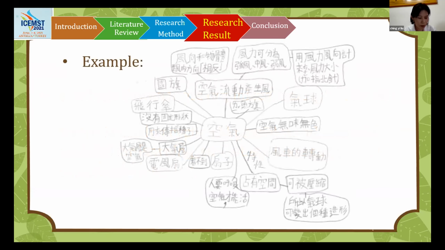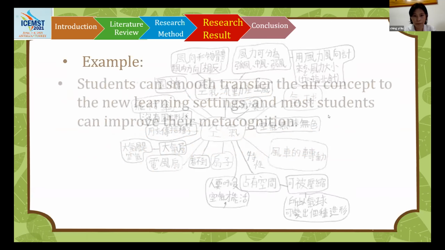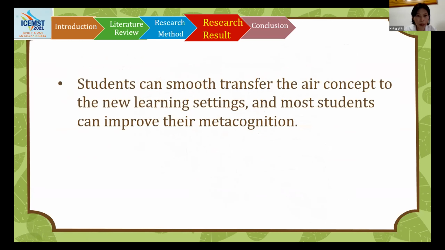For example, this is student number 23's mind map. Every link is related and organized. Students can smoothly transfer the air concept to new learning settings, and most students can improve their metacognition.